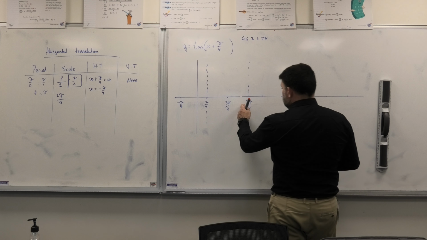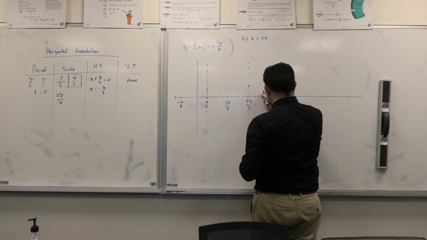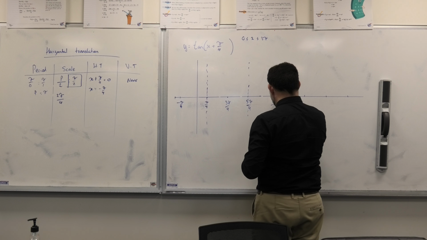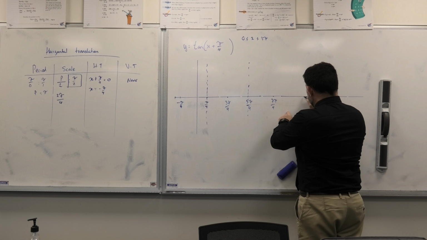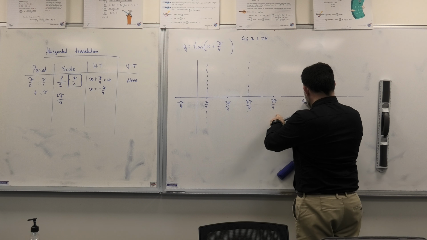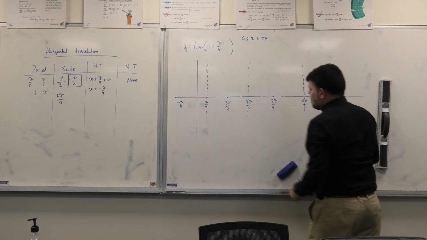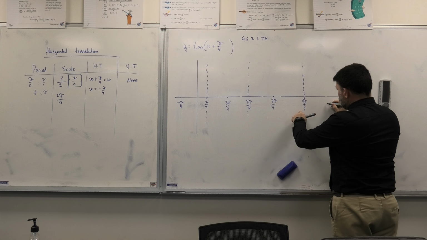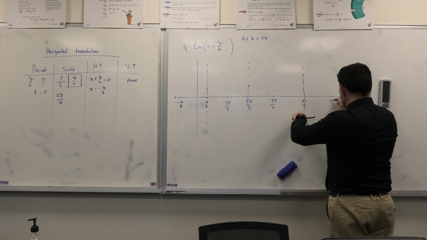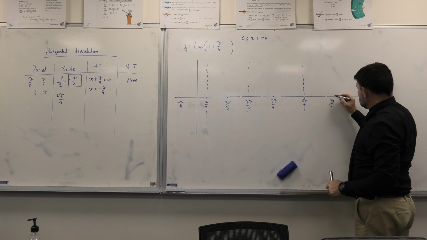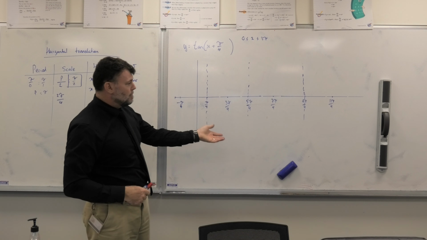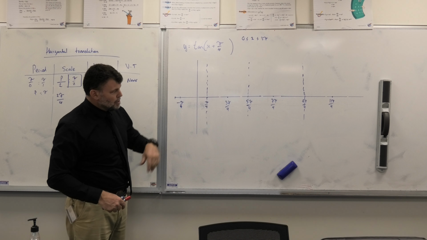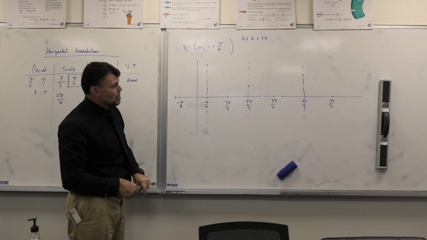Next one, 5 pi on 4 plus 2 pi on 4, 7 pi on 4. There's my x-intercept. Next one, 7 pi on 4 gives me 9 pi on 4, so there's another horizontal asymptote. And then 9 pi on 4 plus 2 pi on 4 is 11 pi on 4, which then gives me my x-intercept. Now I'm not going to go any further because anything past that is going to be beyond 3 pi here.